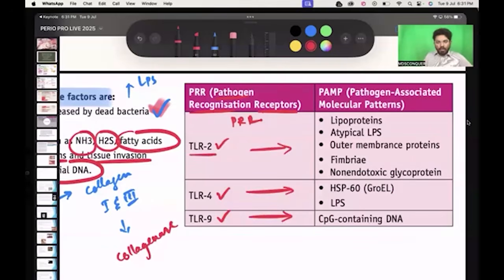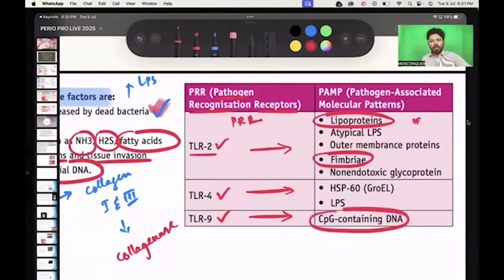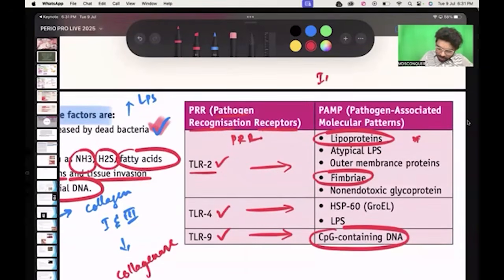Your TLR2 is for fimbriae and lipoproteins, whereas TLR9 is for DNA. This table is also very, very important, particularly for people preparing for INICET. This is an SR-ship related table. If you want, you can make a note of it.